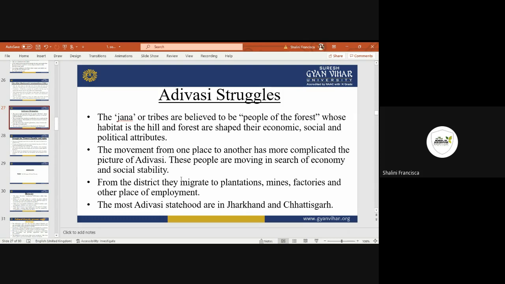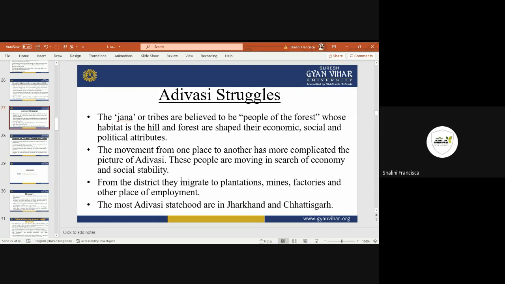Due to urbanization and industrialization, forests are being cut so that the area can be covered.